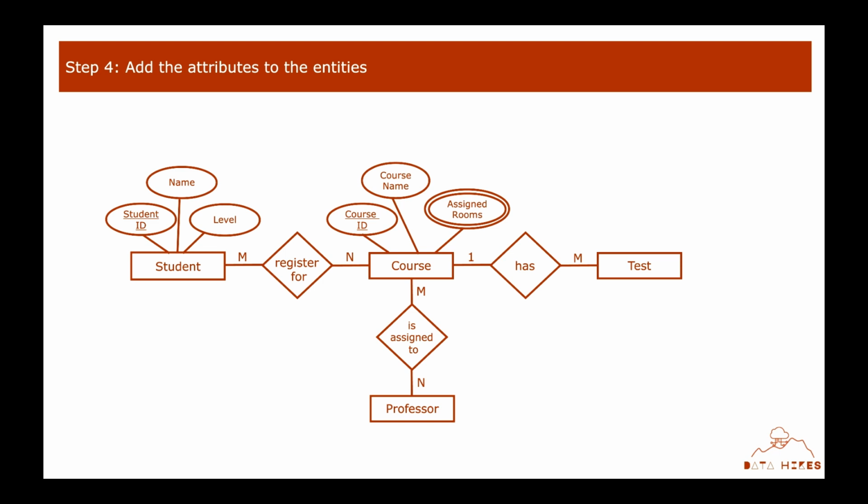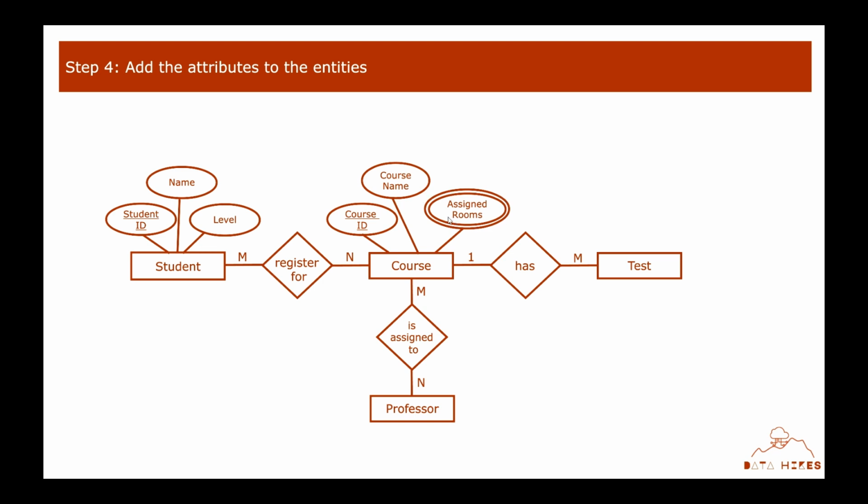The third one we have is assigned rooms. Now observe here that this is represented using a double ellipse, and like we studied, double ellipse means multi-valued attribute. Why is this a multi-valued attribute? Because for one course, there may be multiple rooms that different classes of the course take place in.